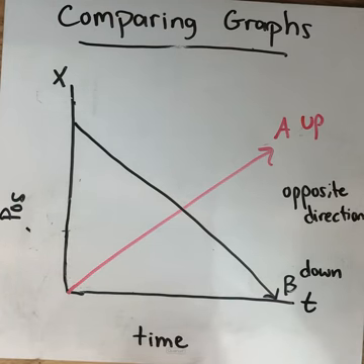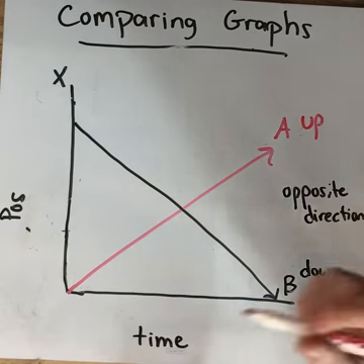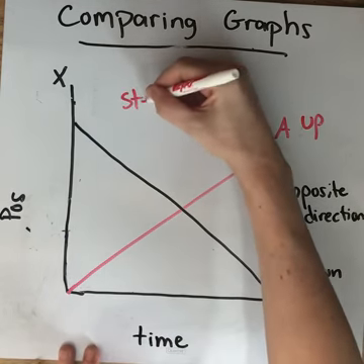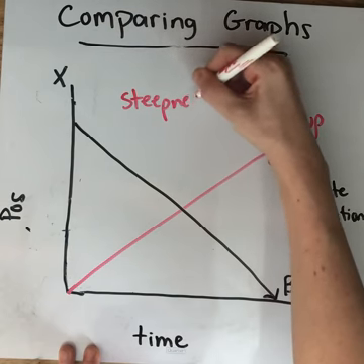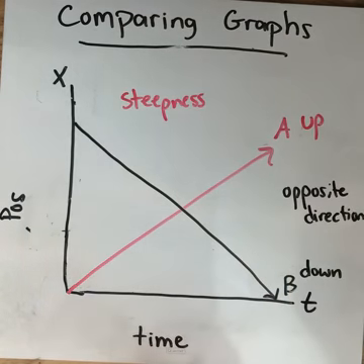What do they have in common? Well, notice that they both have the same steepness. This might be hard to see because one is going up and one is going down. But if we actually were to measure this, we'd get the same numbers.